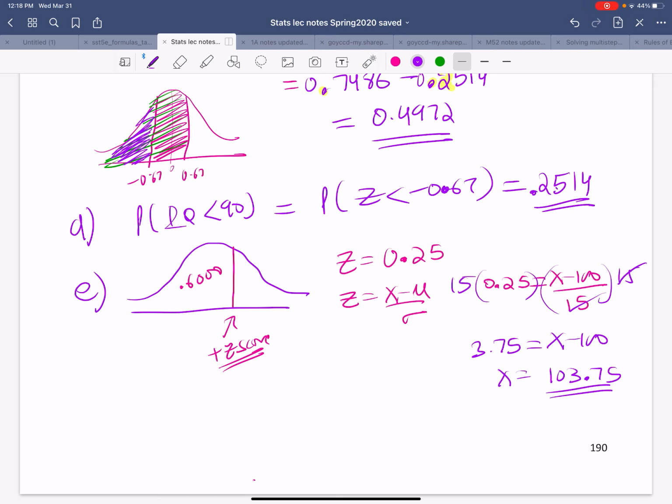So the IQ score, this is the data value, the IQ score that has 60% to the left is 103.75, or we can say the IQ score is approximately 104. Okay.